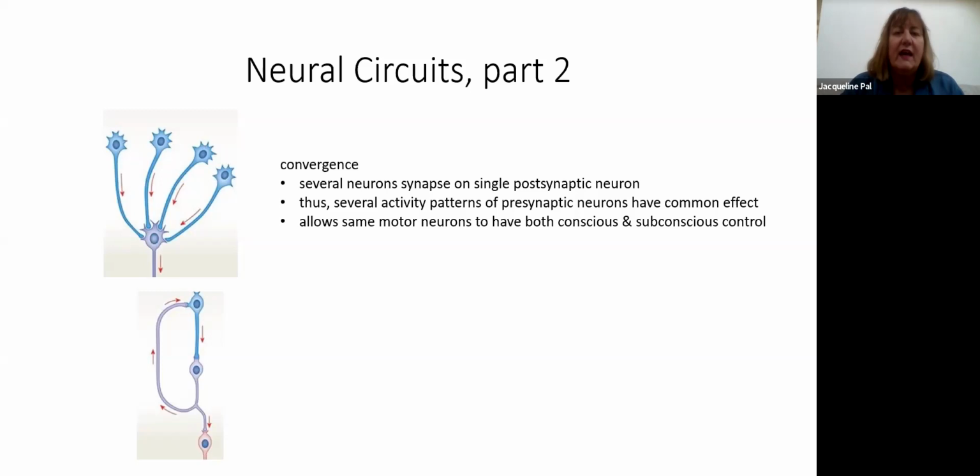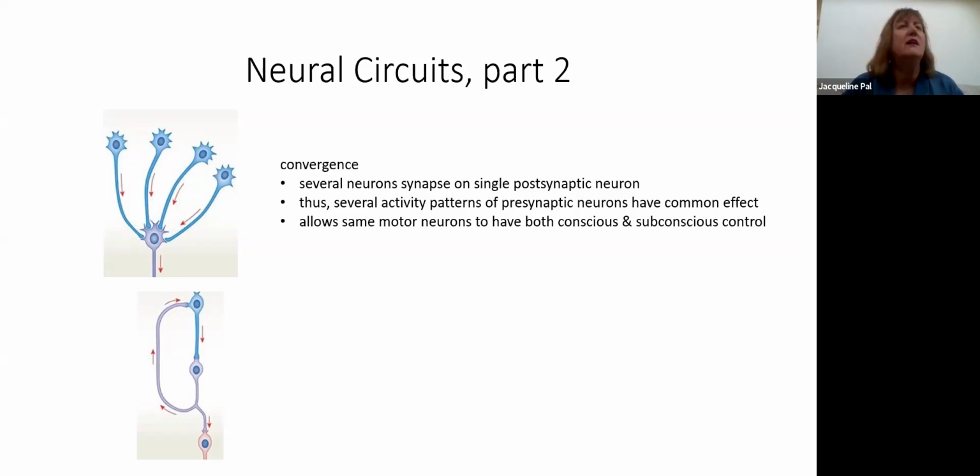Okay. And so what this is going to allow is lots of information to come in, but a more consistent answer going out. And the other place where this is important is, for instance, if you consider the diaphragm. The diaphragm is under both subconscious and conscious control.